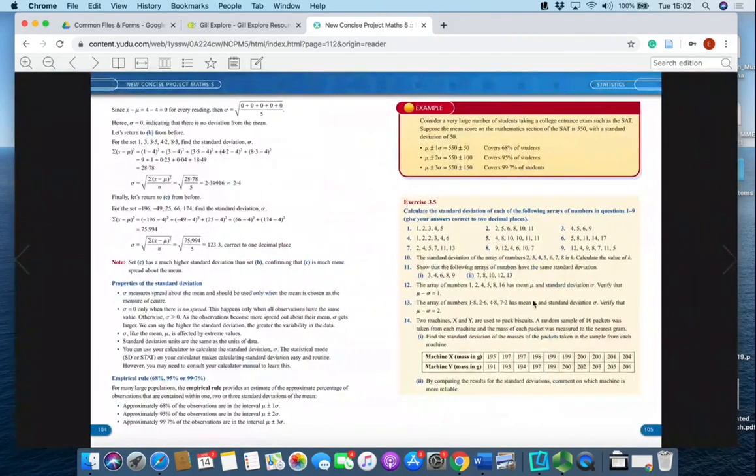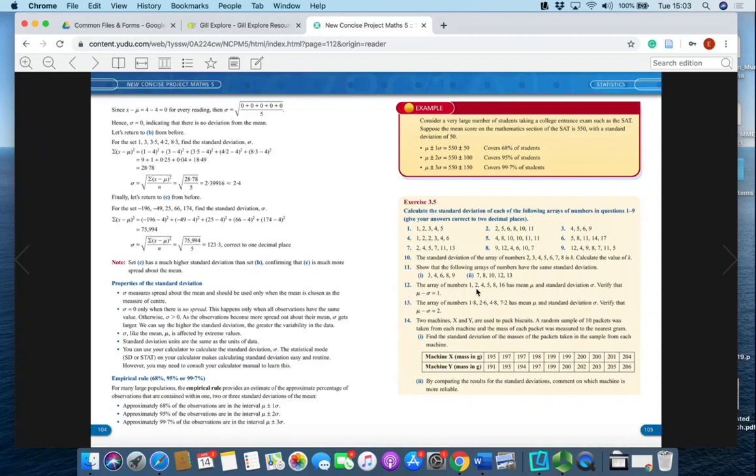I'd like to do an example of this for you by hand, just one. In general we will do this with a calculator, but I think it's worth doing one example to show you how to calculate standard deviation. Let's take 12, because it's a bit oddball.